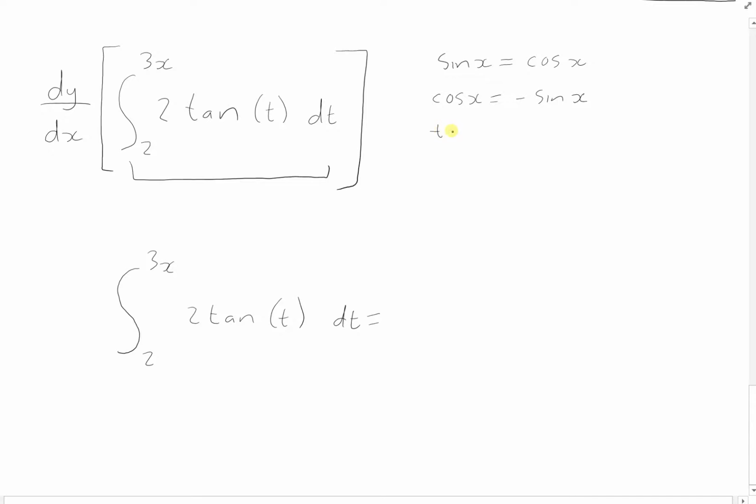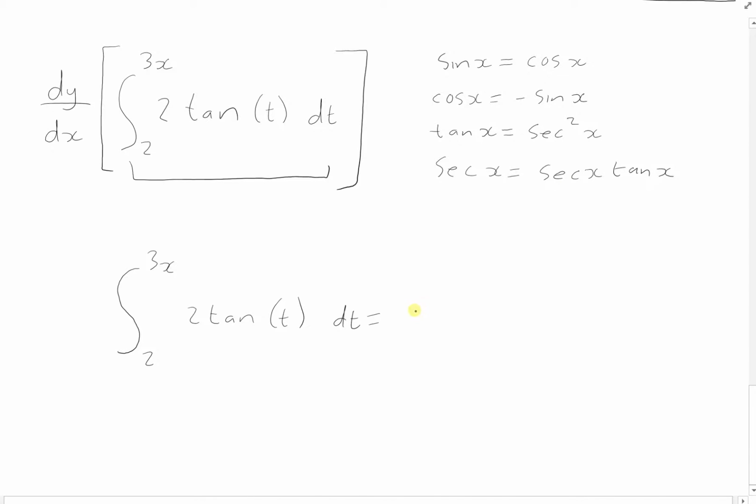The derivative of tangent x is secant squared x. The derivative of secant x is secant x tan x. So there's really none of them that will just give us tan of x or tan of t, so we're going to have to get a little smart to solve this problem.